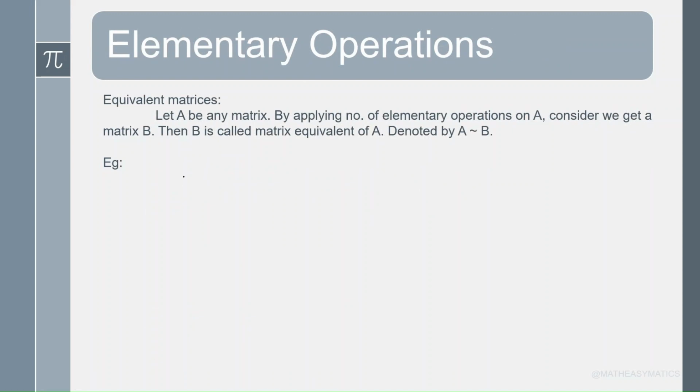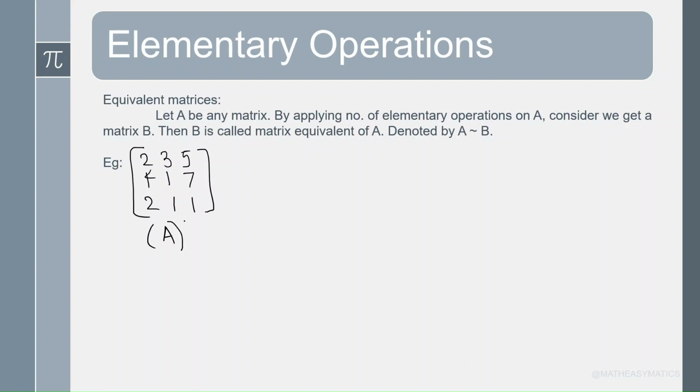Next is equivalent matrices. Let A be any matrix. By applying number of elementary transformations on A, consider we get a matrix B. Then B is called matrix equivalent of A, denoted by A equivalent to B. Let's take a 3 by 3 matrix: 2, 3, 5, 4, 1, 7, 2, 1, 1.